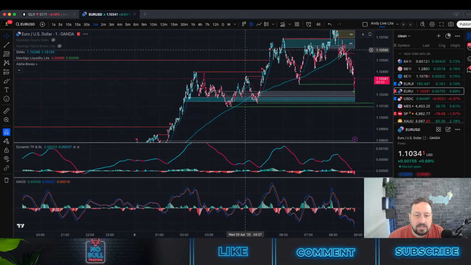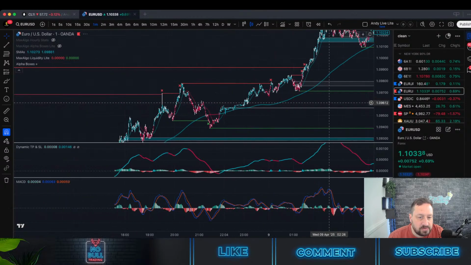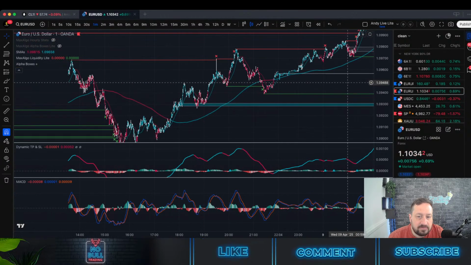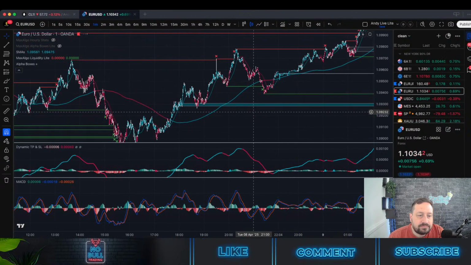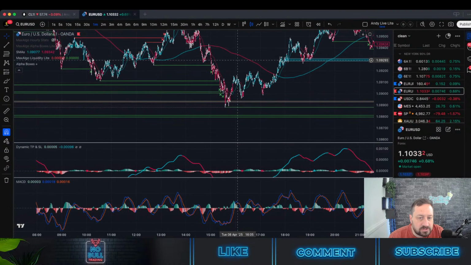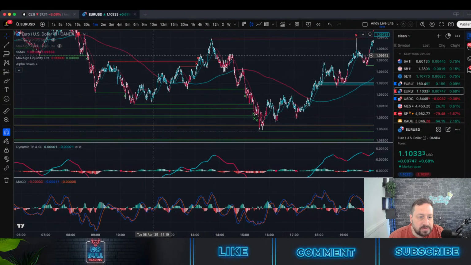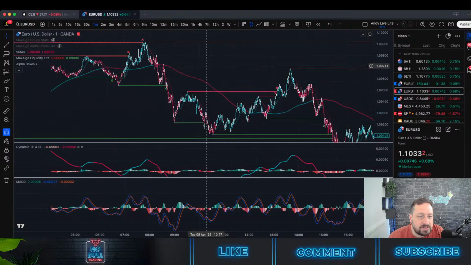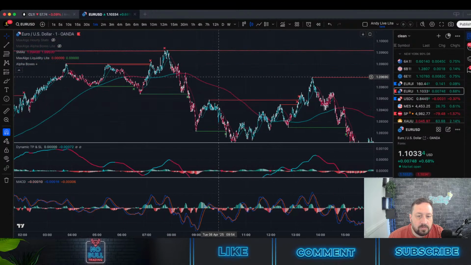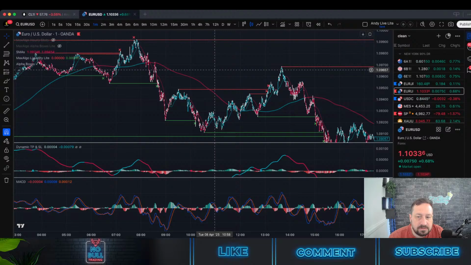I mean, these liquidity levels were originally created from Euro USD. So I was just a Euro USD trader when I first transitioned from crypto. I was Euro USD only.